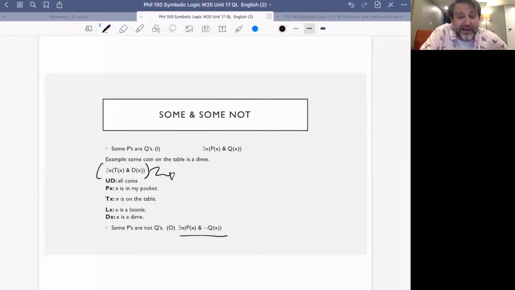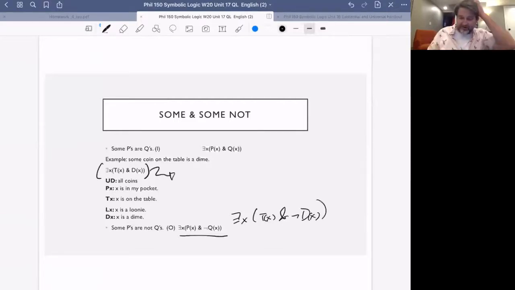So this would say there is some x such that x is P, and it's not the case that x is Q. If we wanted to say, for example, some of the coins on the table are not dimes, the way we would say that is, there exists some x such that x is on the table, and it is not the case that x is a dime. Okay, that's how we would express that. All right, so that's some and some not.